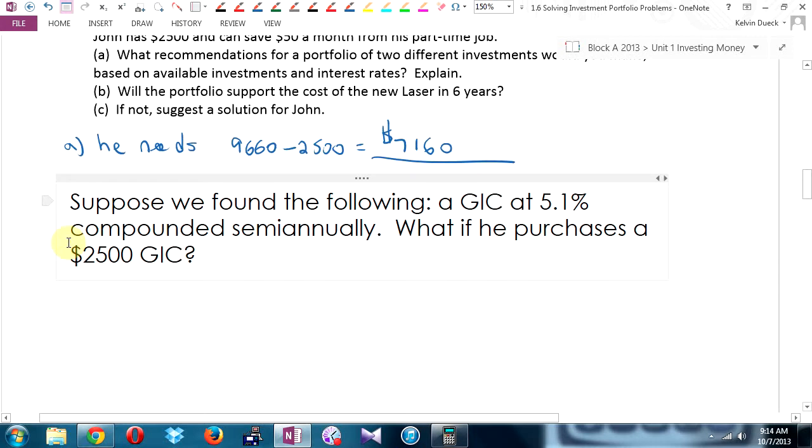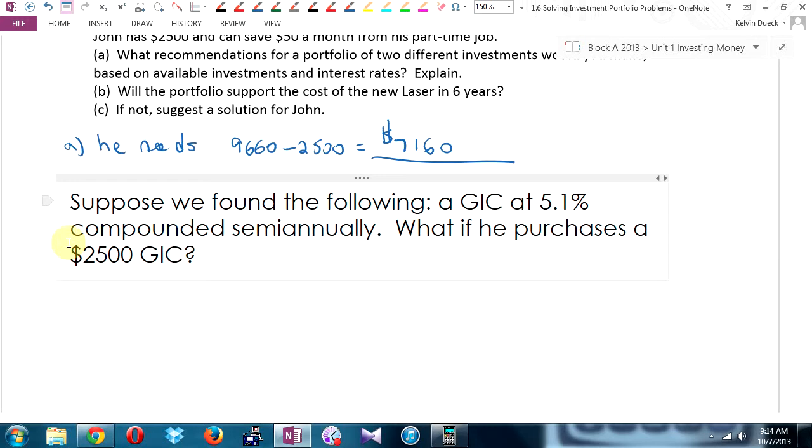Could you subtract the 2,500 from the 9,660? Could you just put the final value as 9,660 and then the PV as 2,500? Well, I'm looking at the way they want me to solve this question.